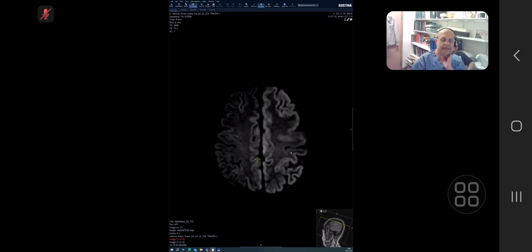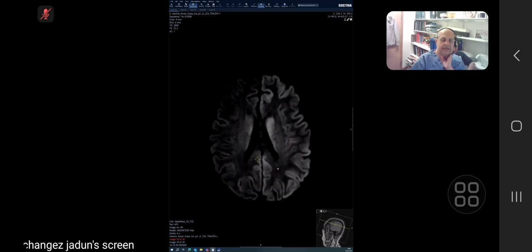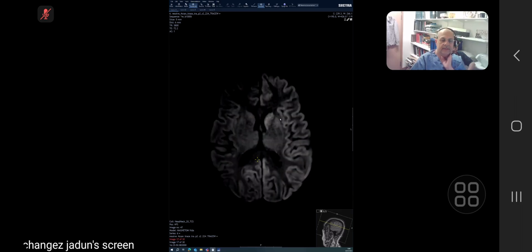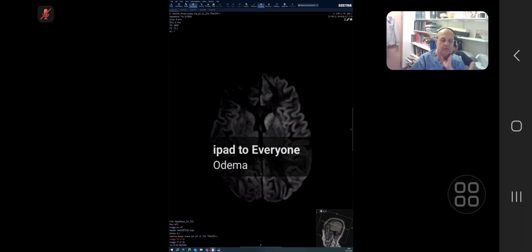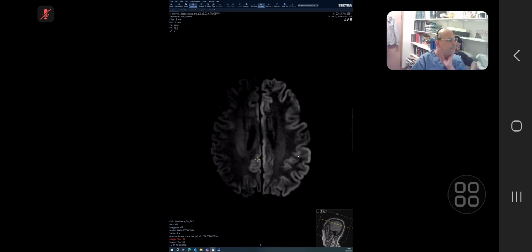Why is this cortex so bright in comparison to the other side? Look at this cortex, this area, caudate nucleus, including bilateral occipital cortical area, they are very bright. Why? There is a rapid decline in cognition.